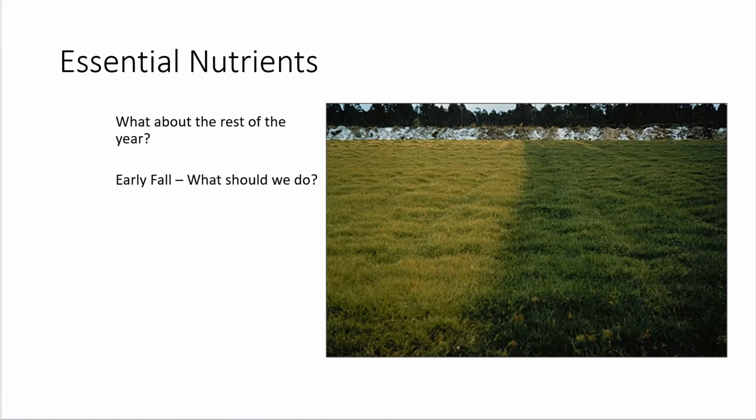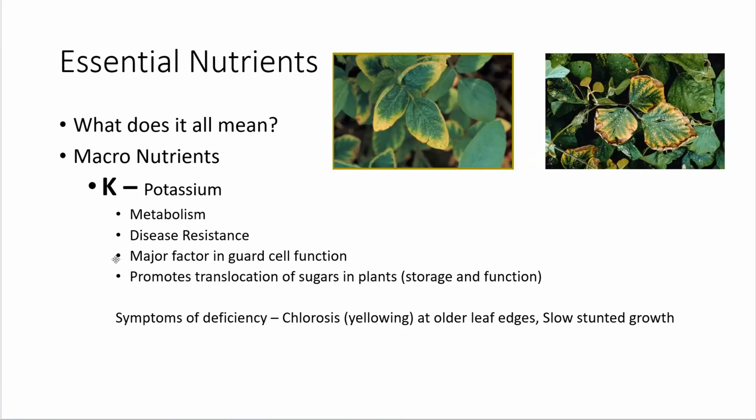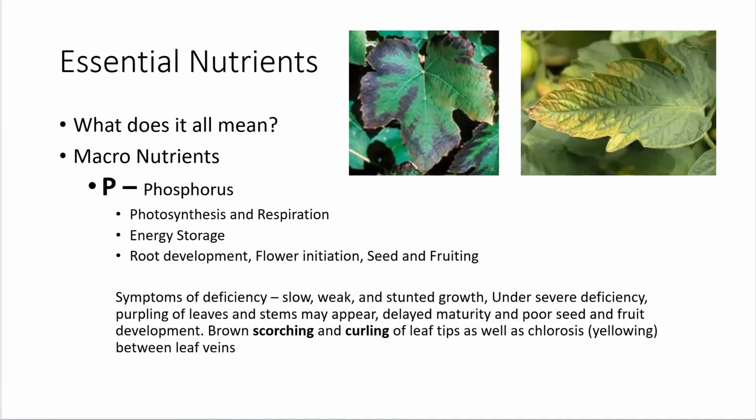Once we get down to early fall, when plants are at the tail end of hot season, starting to maybe go into dormancy, then we're looking at fertilizer or nutrients that are more active in, this is actually a better example. So a little bit higher potassium rates and a little bit higher phosphorus rates.